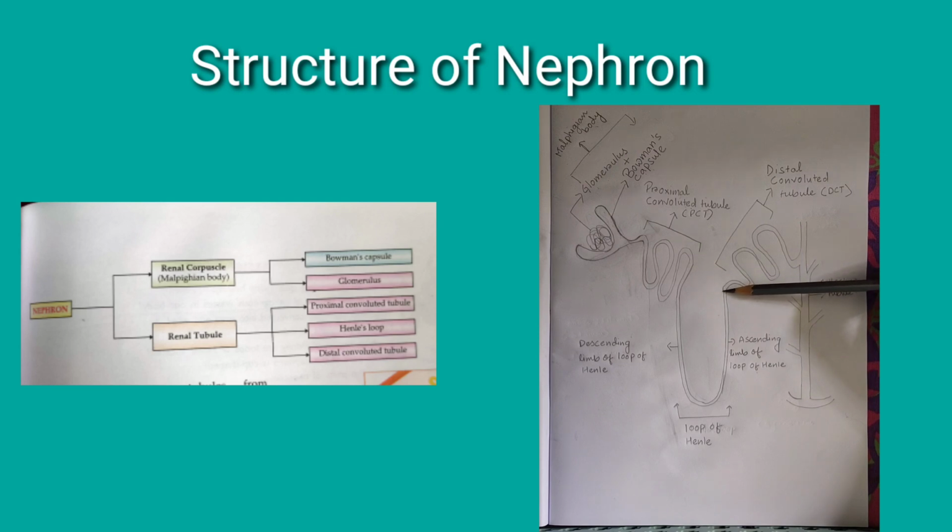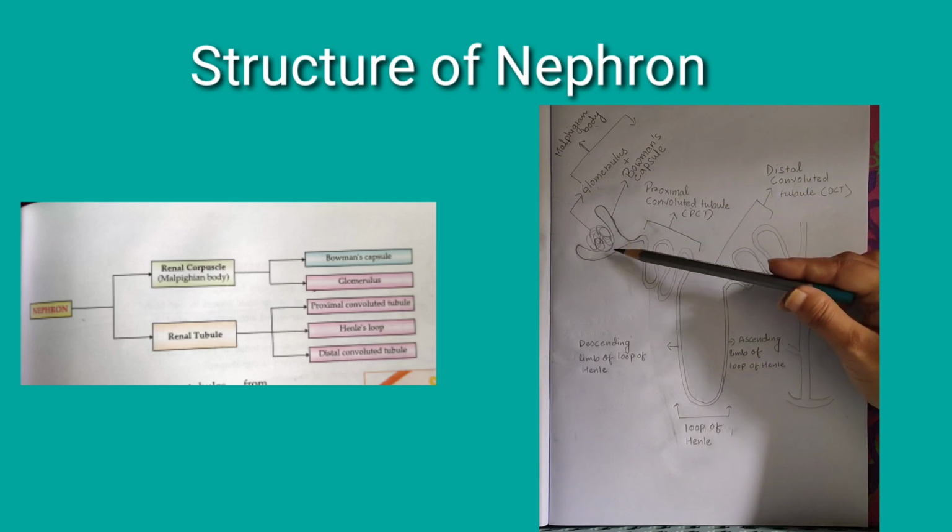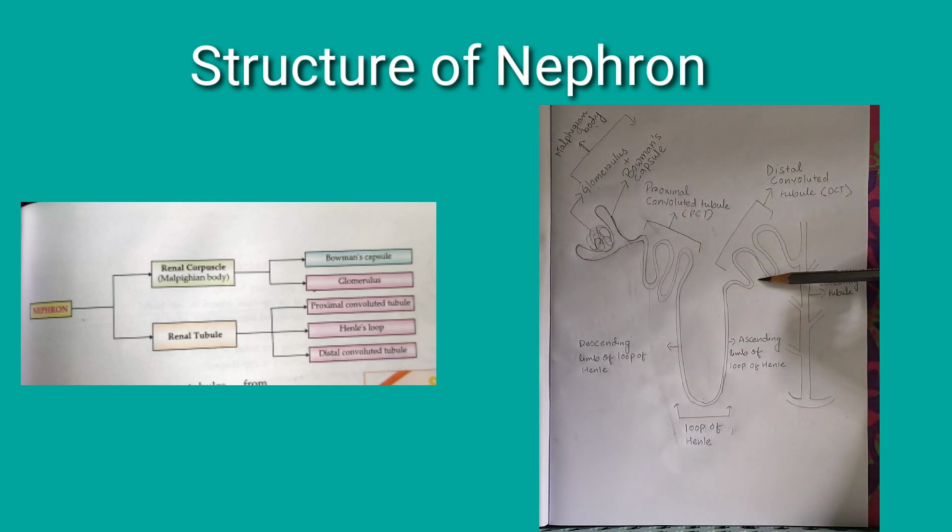Now, from the juncture of the ascending limb, you can see one more convoluted tubule. This is referred to as the distal convoluted tubule. Since distal means far, and this tubule is far away from Bowman's capsule, it is referred to as the distal convoluted tubule.